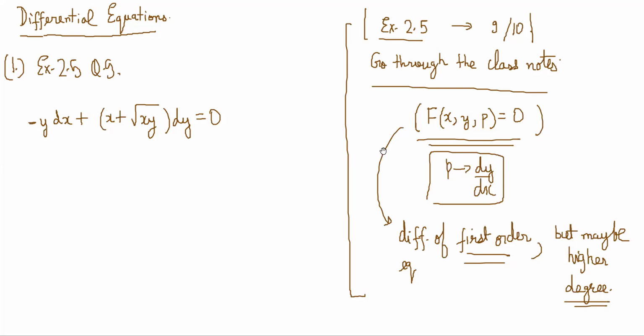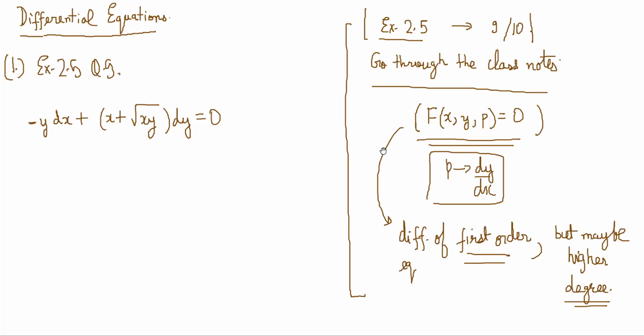So what can we do here? I mean, y dx minus x dy seems like a possibility. Divided by x square and all, you can possibly get something.